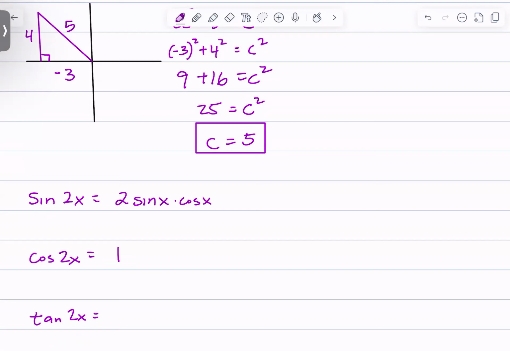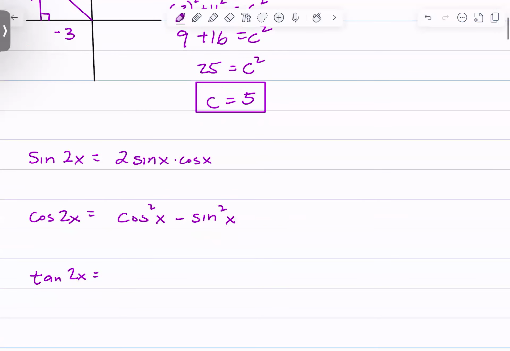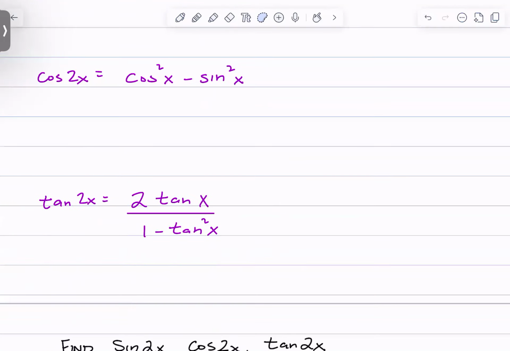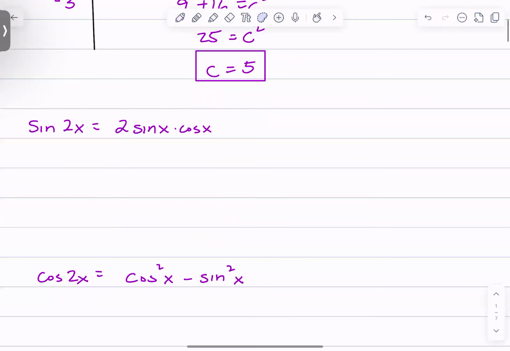So I'm going to use that first one, and I'll tell you the reason why I use the first one instead of the second or third one. And the tangent double angle is 2 tangent of x over 1 minus tangent squared of x, right? I'm going to give a little more room for each.